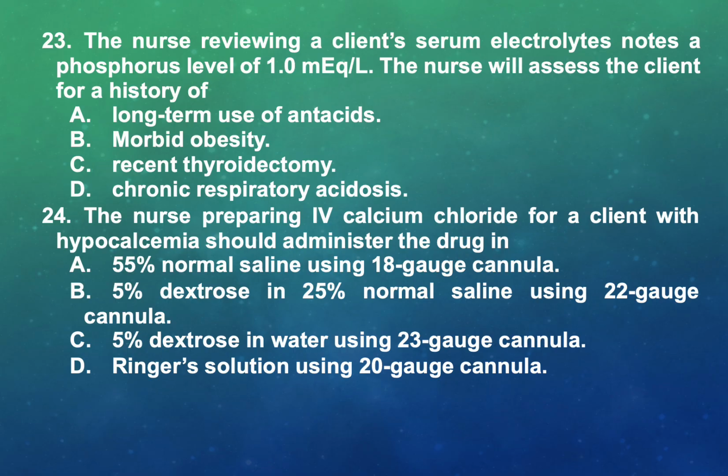Calcium should be administered in a saline-free solution such as 5% dextrose in water because excess sodium ions increase renal calcium clearance, reducing the effectiveness of the therapy. It should be given through a small gauge cannula like gauge 23 into a large vein to ensure rapid dilution of the medication. 24. Charlie.